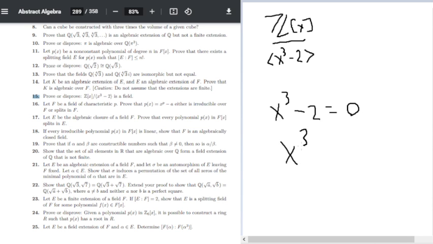It gives us x cubed is equal to 2, which gives us that x is equal to the cube root of 3. And I'm thinking because the cube root of 3, or the cube root of 2, has 3 possible values.